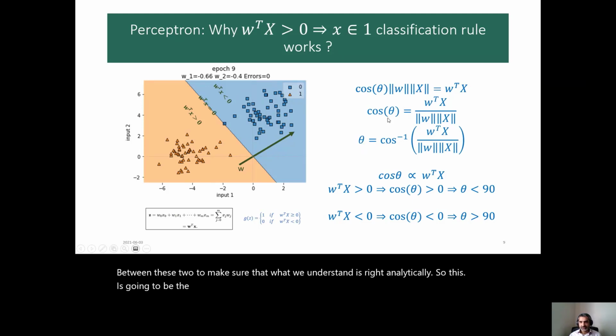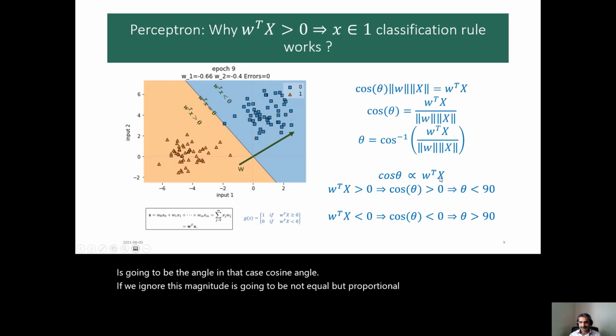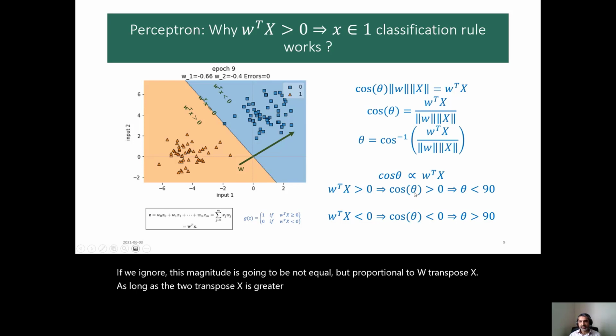In that case, cosine of the angle, if we ignore the magnitudes, is not equal but proportional to W transpose X. As long as W transpose X is greater than 0, it would mean that the cosine of the angle between W and X is greater than 0, which means that theta is less than 90.